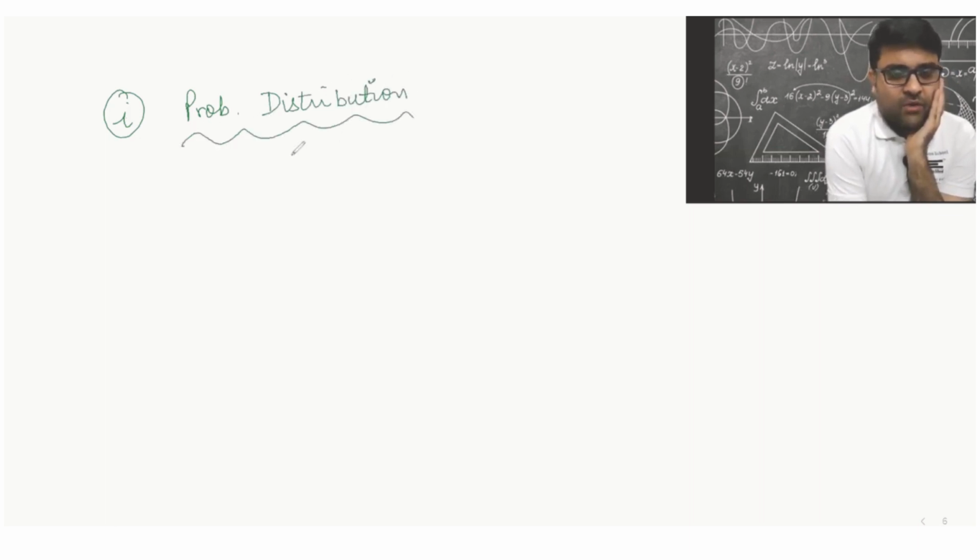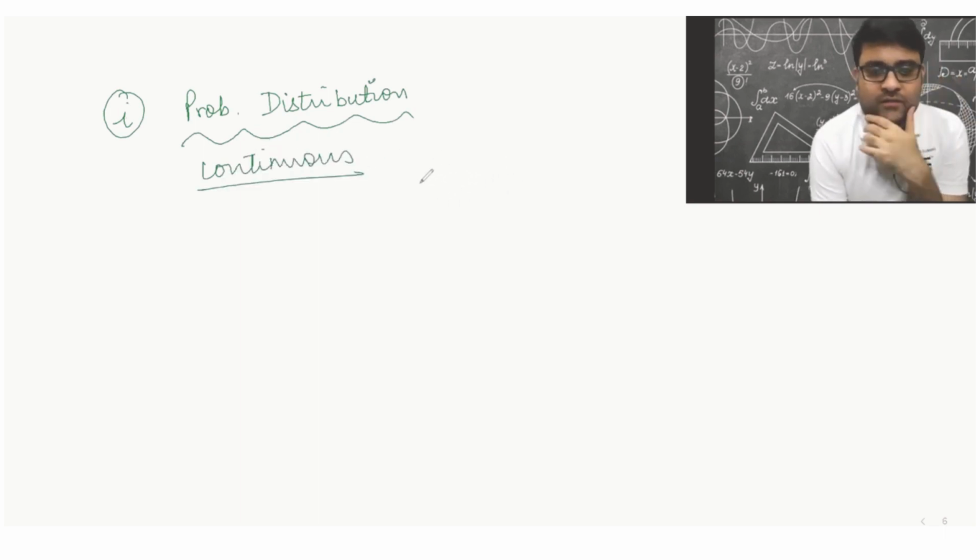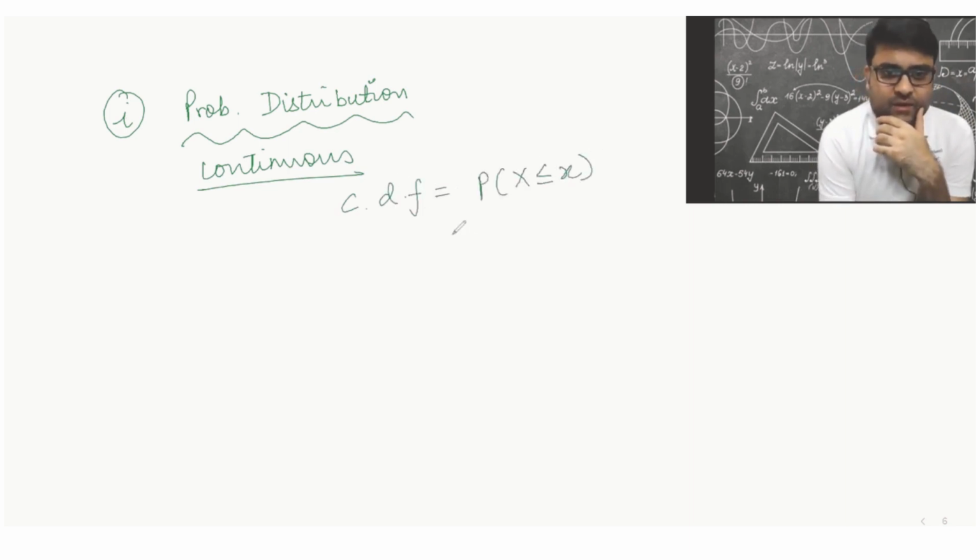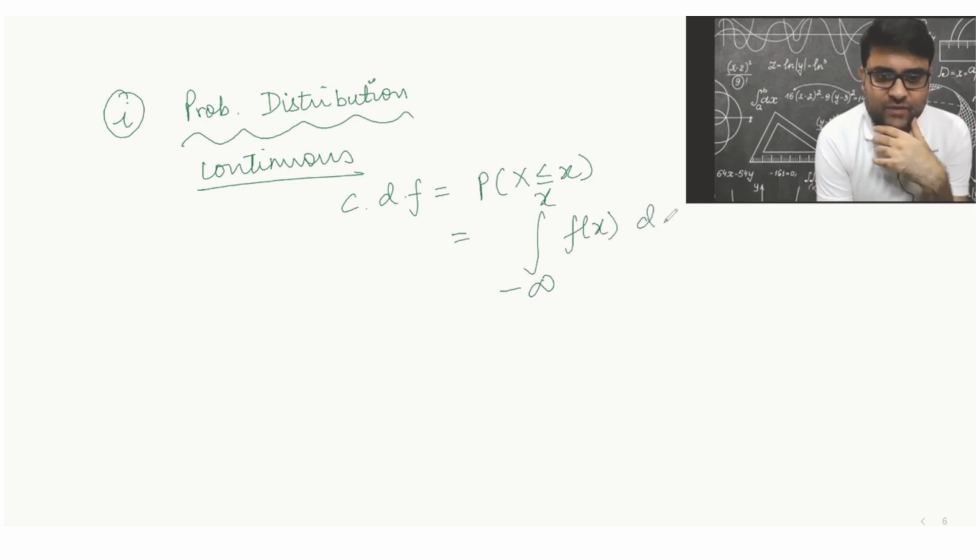Whenever we talk about a continuous distribution, for all aspects like the cumulative distribution function, which is basically the probability that X is less than or equal to x, we will use the integral from minus infinity to x of f(x) dx, where f(x) is the probability density function.